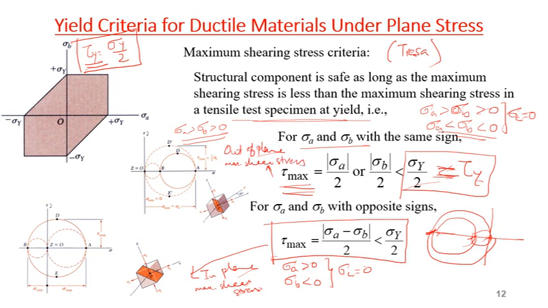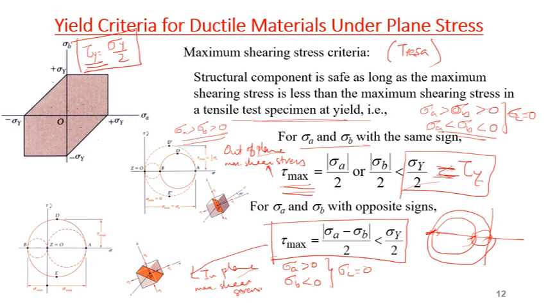So you have to be careful about what the principal stresses are and what the nature of the principal stresses is. Based on that, the maximum shear stress can be in plane or out of plane, and then you will equate it with tau y or sigma y by 2. Now, if I represent it graphically, these are the boundaries. If your stresses are inside, your design is safe.